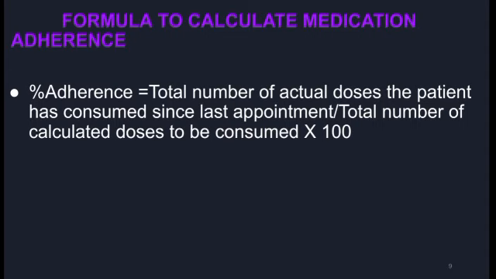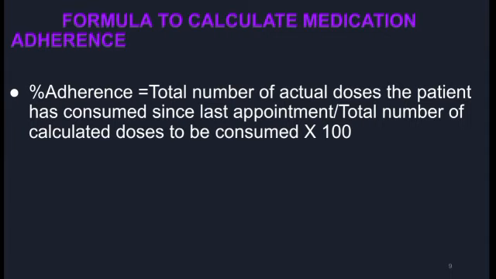Next one is the formula to calculate medication adherence. Percentage of medication adherence is equal to the total number of actual doses the patient has consumed since the last appointment, divided by the total number of calculated doses to be consumed, times 100. For example, the patient should take 100 medicines, meaning 100 is the total number of calculated doses to be consumed.